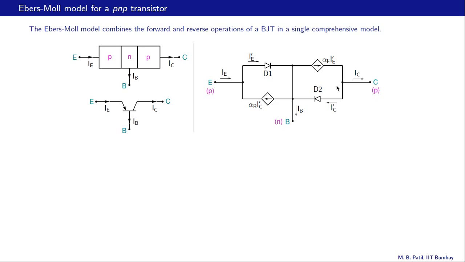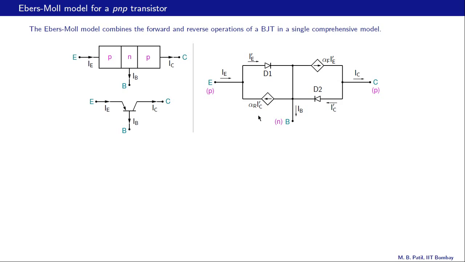And now we are left with D2 and this dependent source. And now IC is minus IC prime, IE is minus alpha R times IC prime. So that accounts for the forward active mode, or simply the active mode, as well as the reverse active mode.